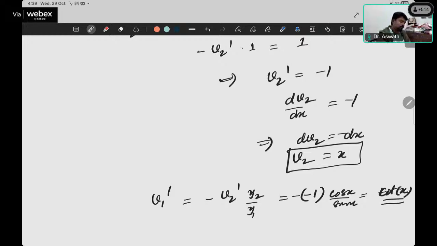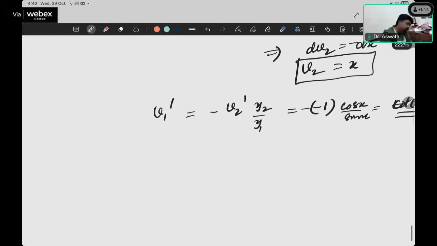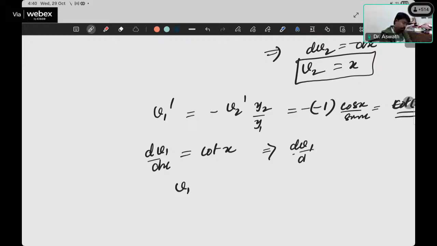Having known dv1 by dx is cot x, you can easily find what is v1. How? dv1 by dx is cos x by sin x. So dv1 is cos x by sin x into dx.